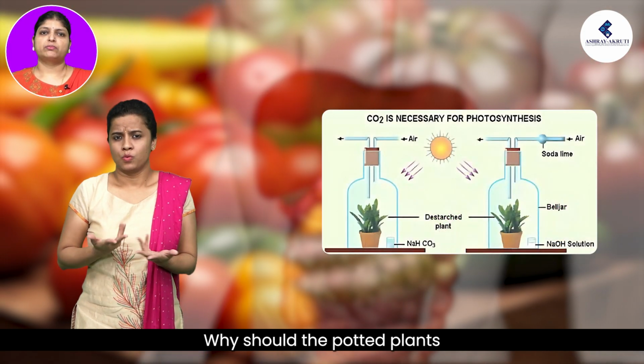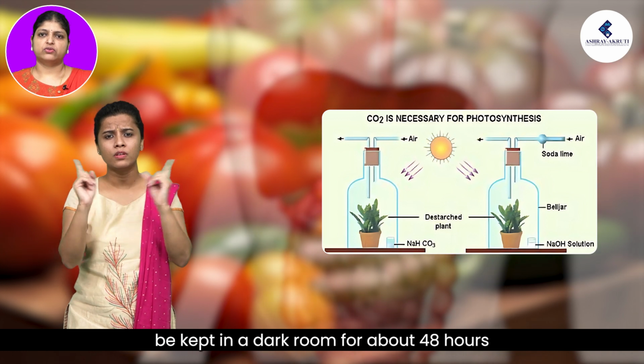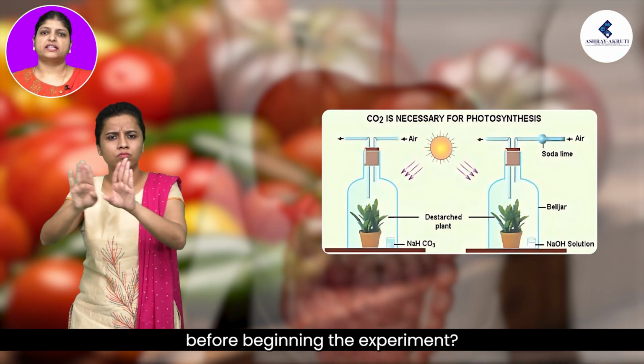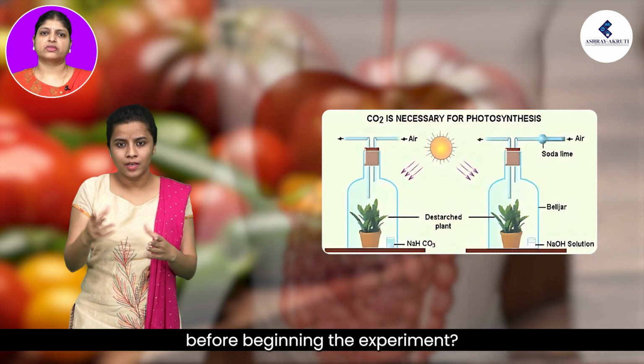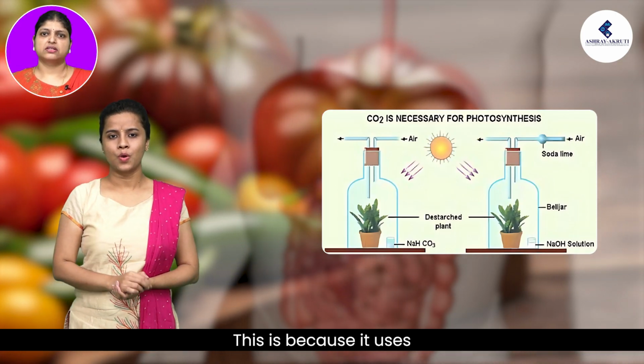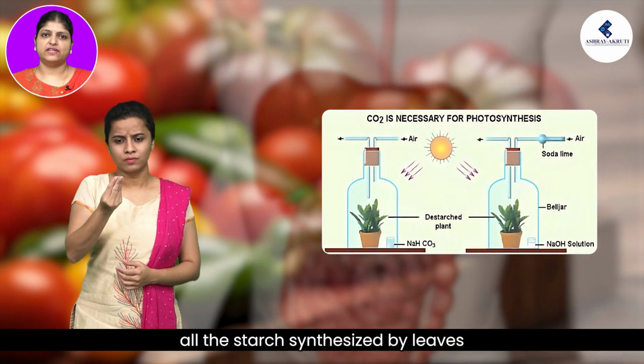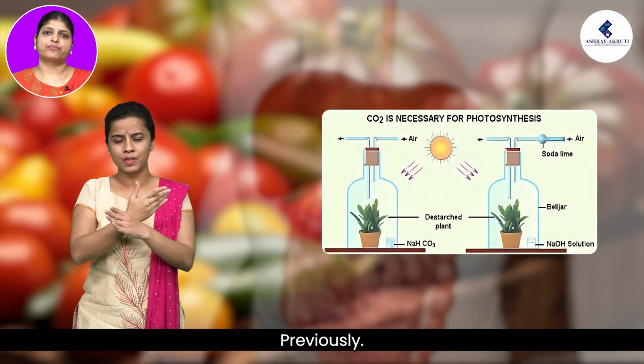Why should the potted plants be kept in a dark room for about 48 hours before beginning the experiment? This is because it uses all the starch synthesized by leaves previously.